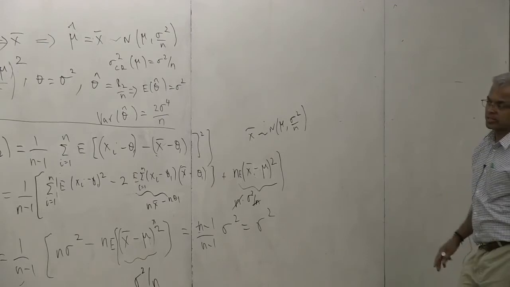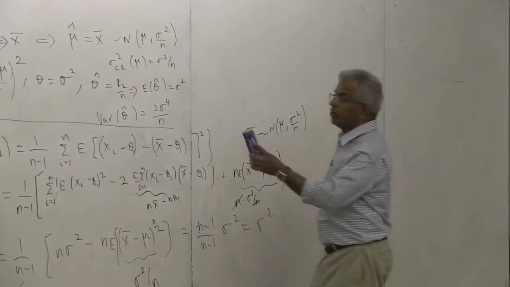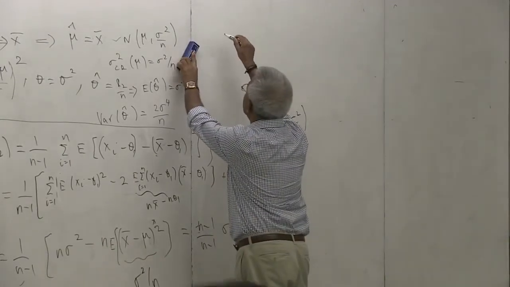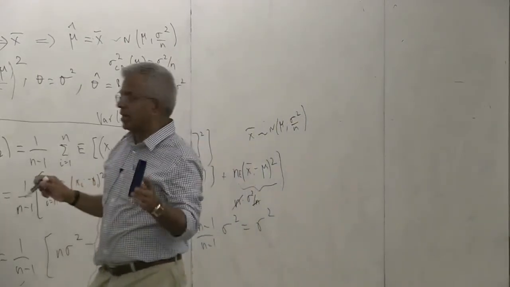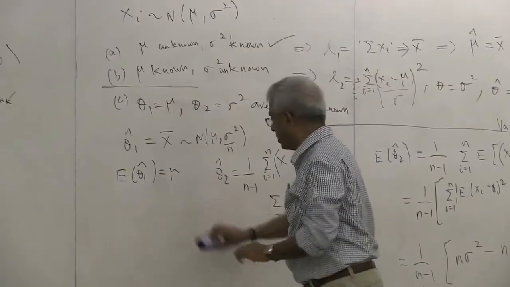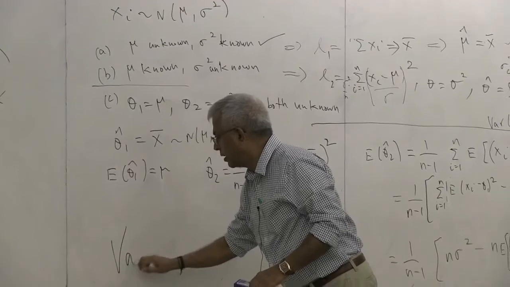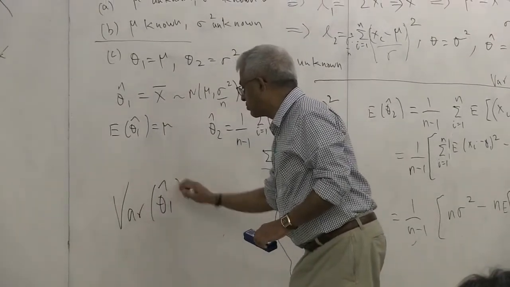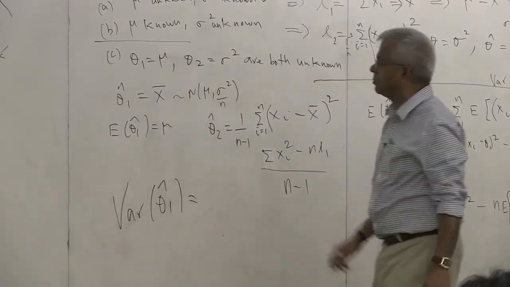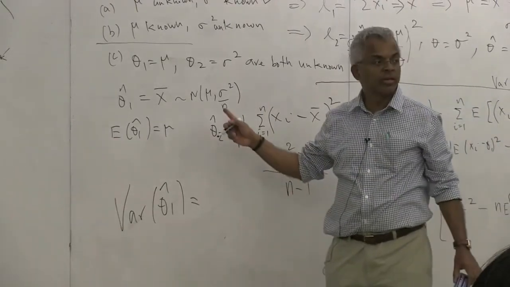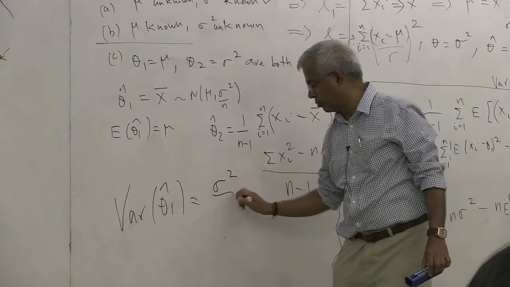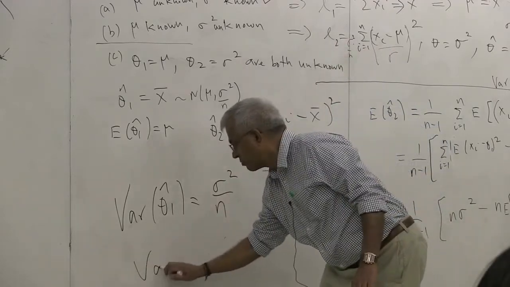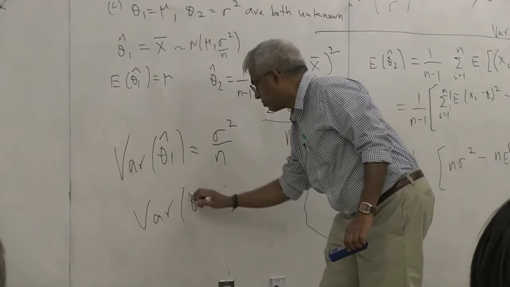So a lot of calculations, okay. But I'm sort of doing the first part. Now what remains for you? Again, it is done in the book, so it's a little complicated, but you need to go home and work it out. So we have the variance of theta 1 hat. Anybody knows the answer? Variance of theta 1 hat. Yeah, it's right here, sigma squared over n. And the variance of theta 2 hat, I'm just going to write it down.